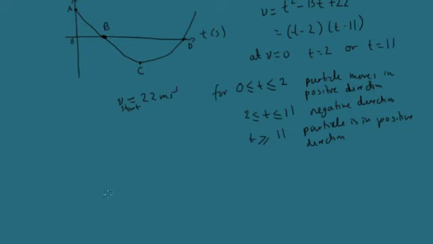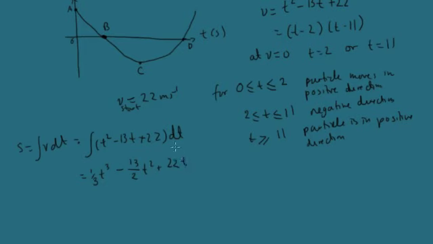Now, to find the displacement from the starting point, we would integrate. So s is the integral of v dt. So it's the integral of t squared minus 13t plus 22 dt, and that will give us a third t cubed minus 13 over 2 t squared plus 22t.